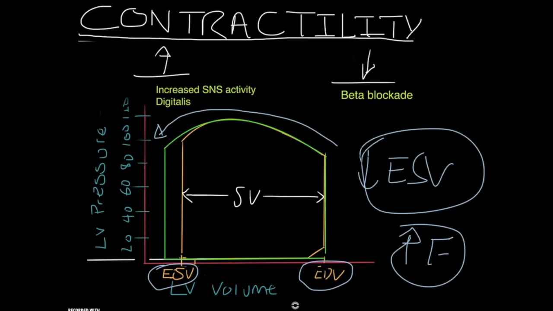As a result, we have a lower end systolic volume, which ultimately results in a greater stroke volume when you have an increase in contractility.